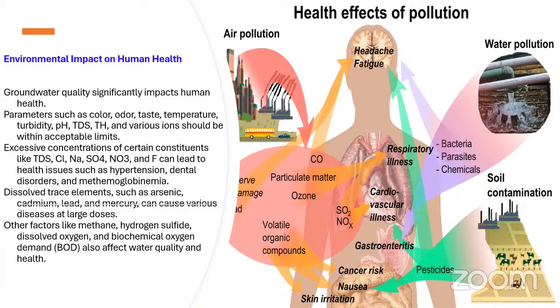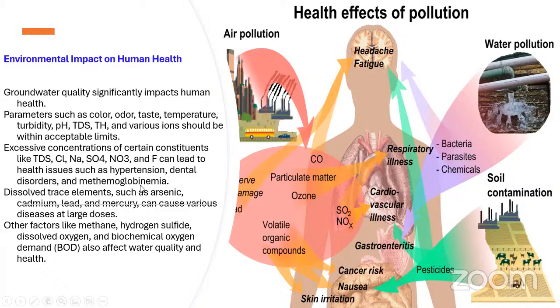And particularly when we talk about arsenic, cadmium, lead, and mercury, they may cause some skin cancer illness to the human body. And when we talk about fluoride, it may lead to some dental or bone diseases.